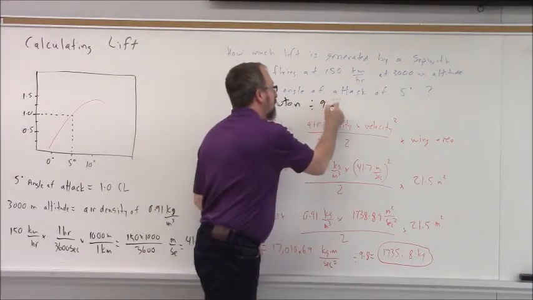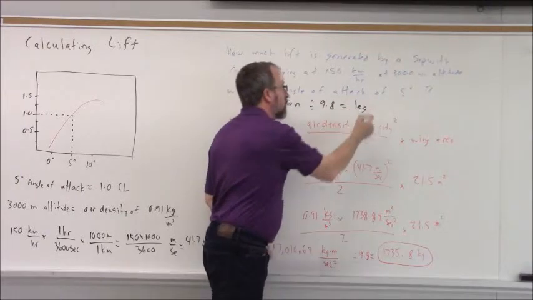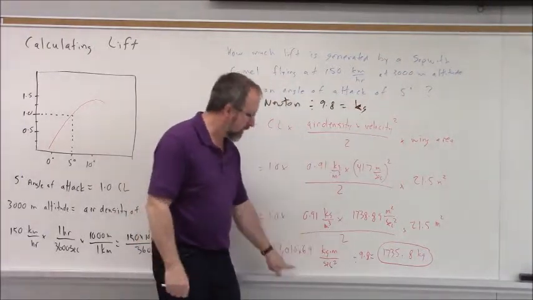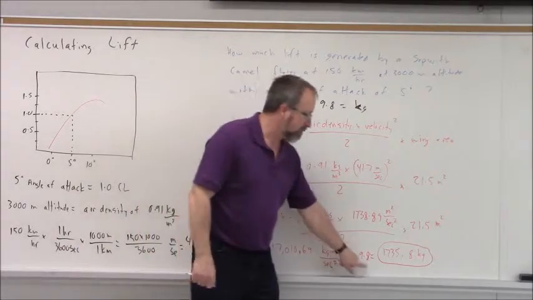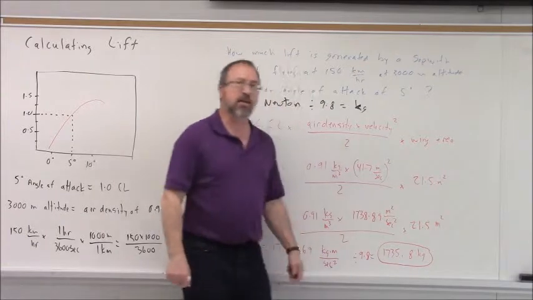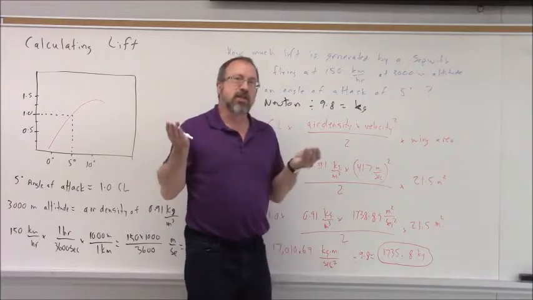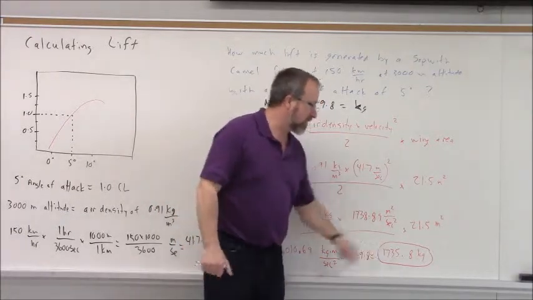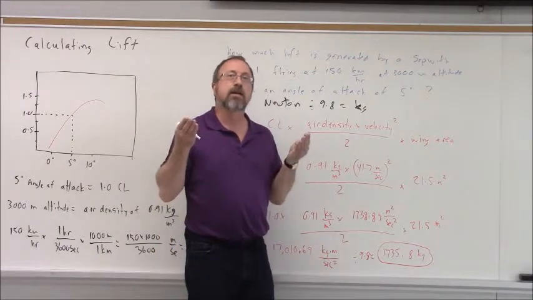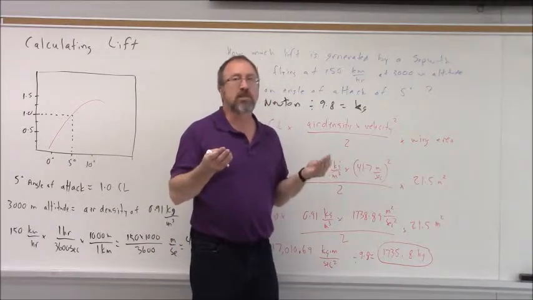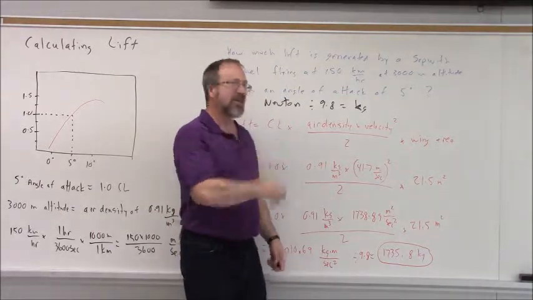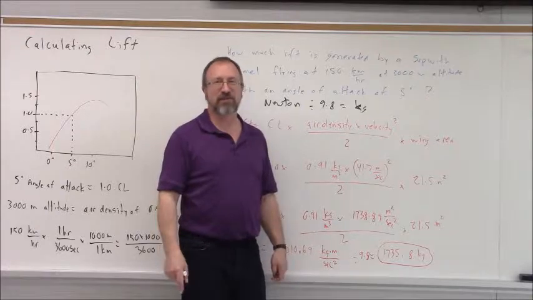If you divide that by 9.8, we'll get how many kilograms of lift we're generating. So take that answer, divide it by 9.8, you get 1,735.8 kilograms. So it's generating lift to carry 1,735.8 kilograms. If the plane weighs more than that, it'll be descending. If it weighs less than that, it'll be climbing. Hopefully, all this stuff will be useful to you in your future tests.